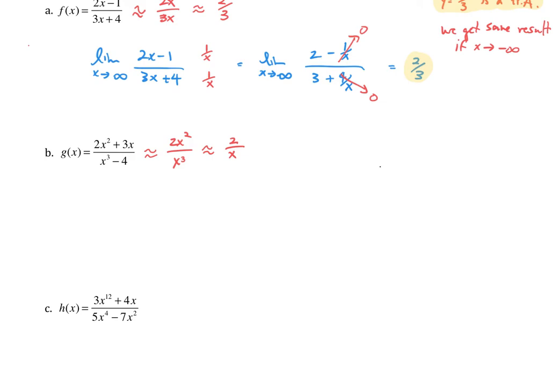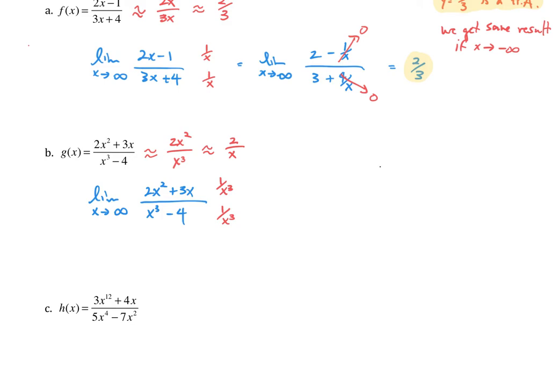However, let's calculate it for real by using limits. We're going to calculate the limit as x goes to infinity of 2x squared plus 3x, all divided by x cubed minus 4. Just as before, I'm going to multiply by 1 over the highest power in the denominator. That's 1 over x cubed and 1 over x cubed.